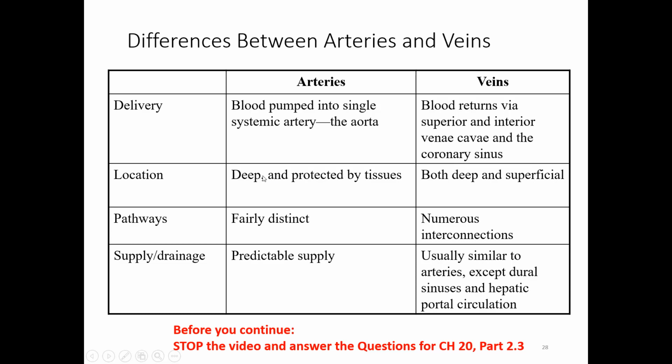Most of the arteries are located deep in the tissues, and veins can be either deep or superficial. Arteries do not interconnect with each other, and veins have a lot of interconnections. Arteries have a predictable blood supply, but what about veins? There are exceptions, like dural sinuses in the brain and hepatic portal circulation in our liver.